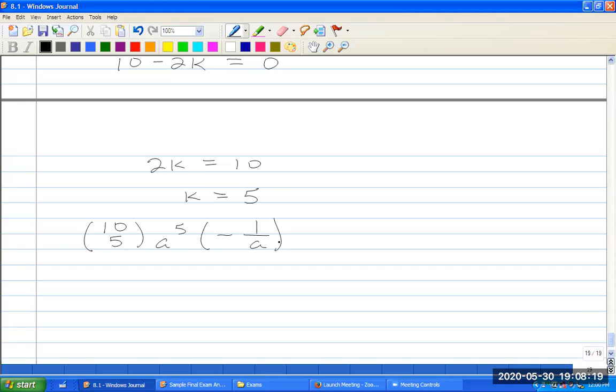So this is equal to 10C5, and 10C5 is 252, a to the 5th and a negative 1 over a to the 5th is a negative a to the 5th.